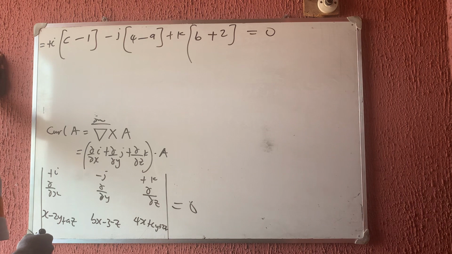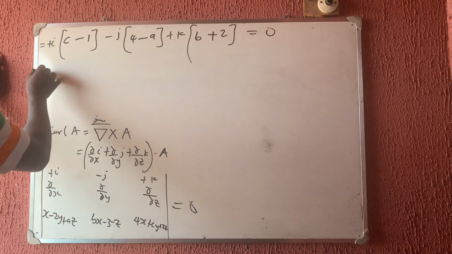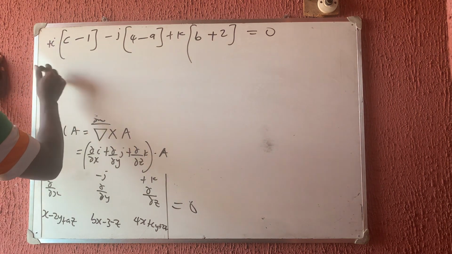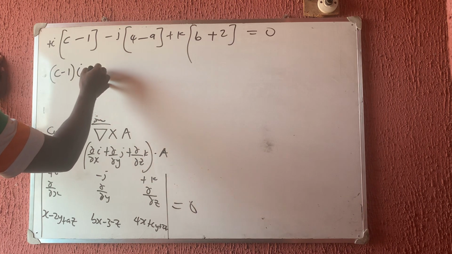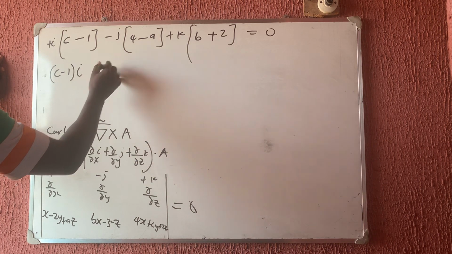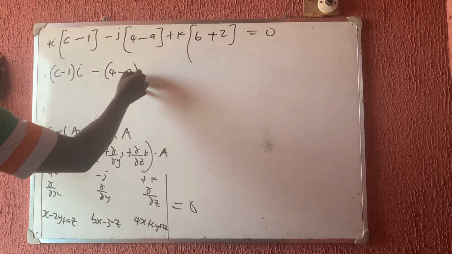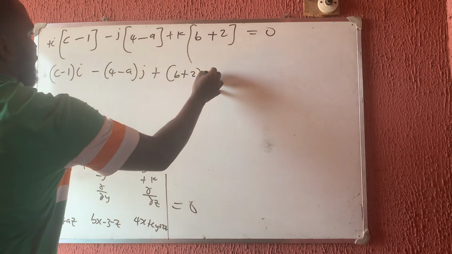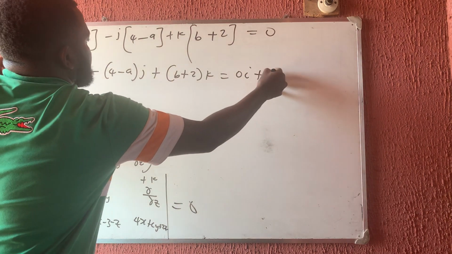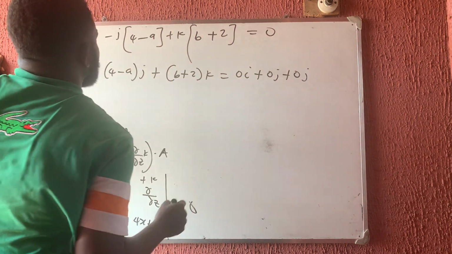This is now c minus 1 i, minus 4 minus a j, then plus b plus 2 k is equal to 0i plus 0j plus 0k. Just do it like that.